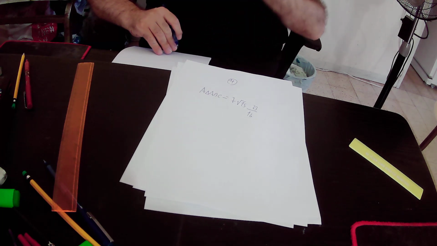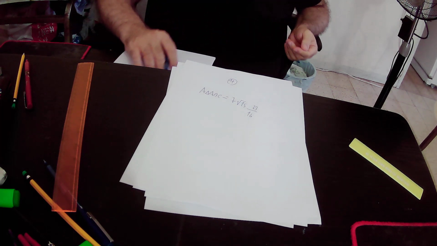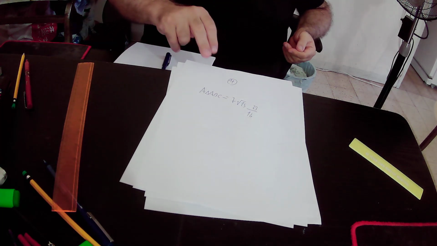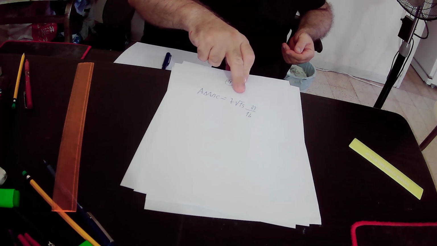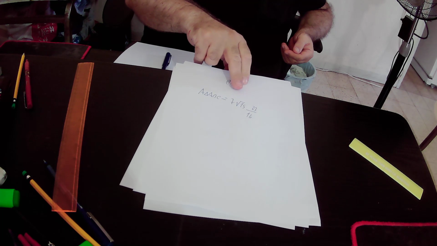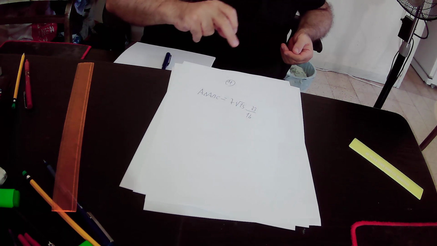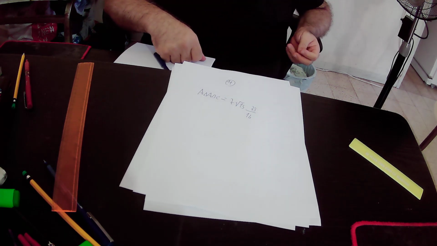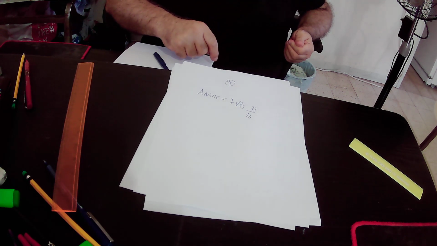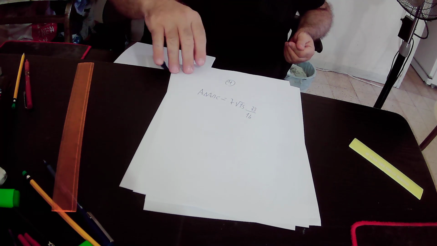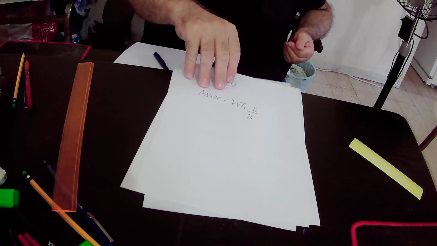Okay. The area of triangle ABC equals 7 times root 15 times 33 over 16. So 7 times 33 is 231. So I write it down.